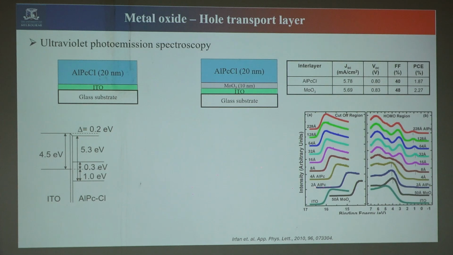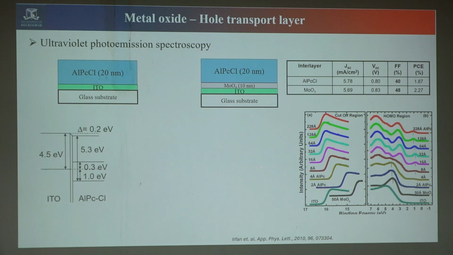So we see that, among all these device performances, moly oxide gives the best. Why? We want to explore further. Again, it's a tuning of energy levels. In order to extract the holes smoothly, the energy levels should be channelized, because we know that water can easily flow from top to bottom.